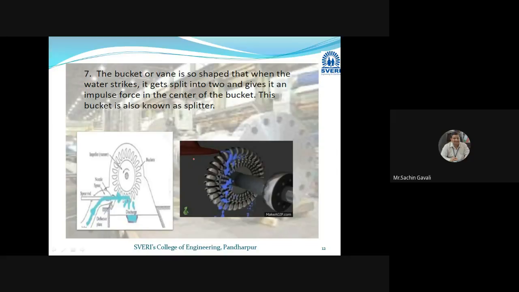In a reaction turbine, during the stages while the water flows from inlet to outlet, in the first stage some of the pressure converts into velocity energy. After the next stage, the remaining pressure gets converted into velocity.